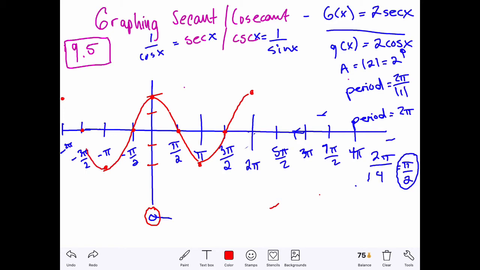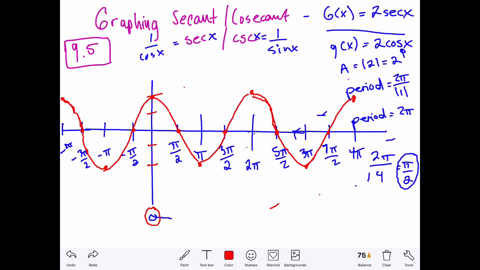Once you know the pattern, it keeps going up here too. Okay, so that's our 2 cosine of x.